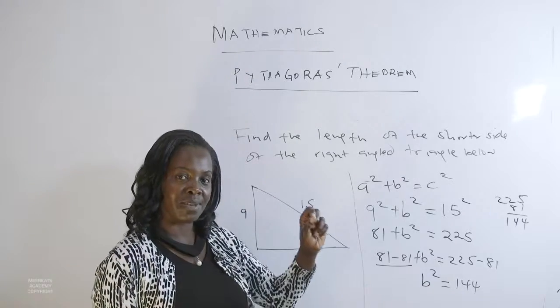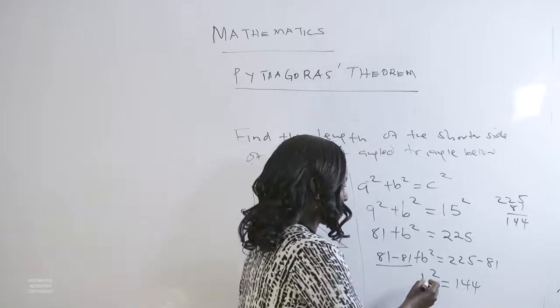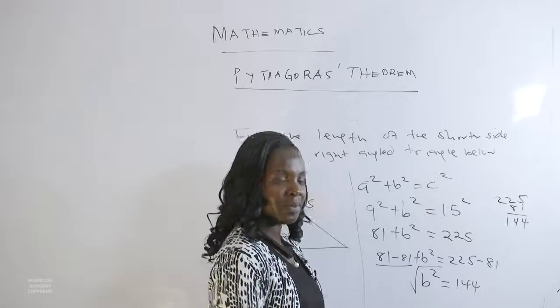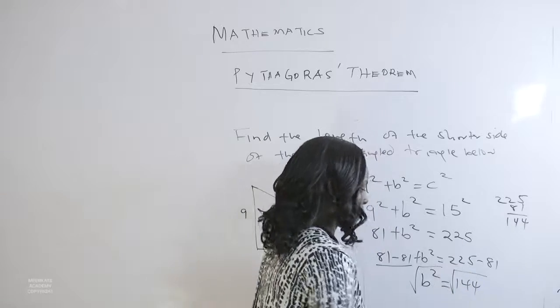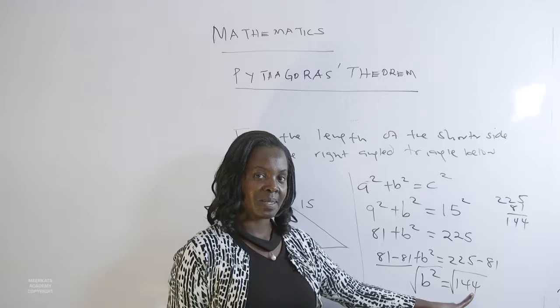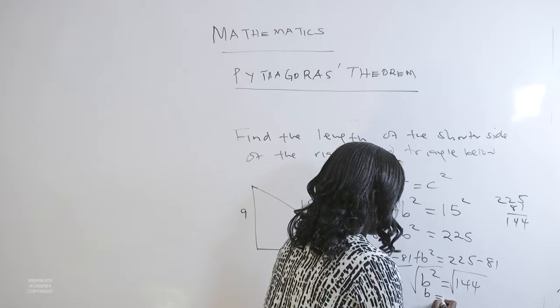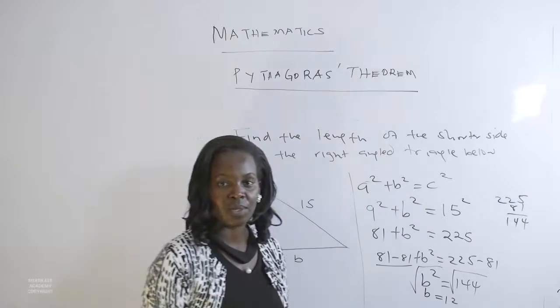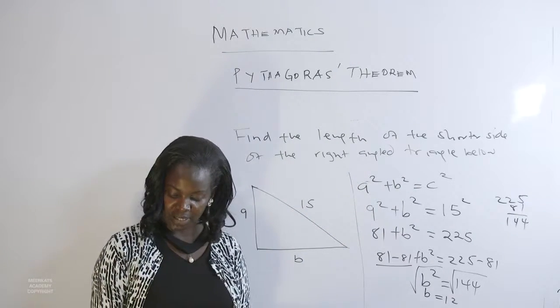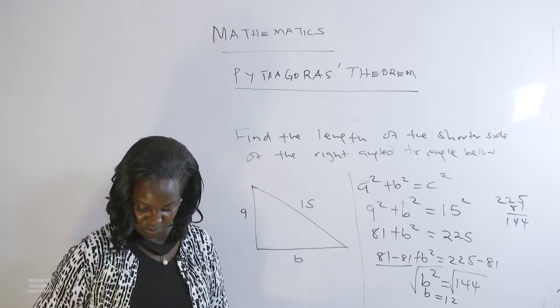Again, we have to find the value of B. So to remove the square, we find the square root. If you find the square root on this side, then you must also find the square root here. The square root of 144, we know, is 12. So B is equal to 12.